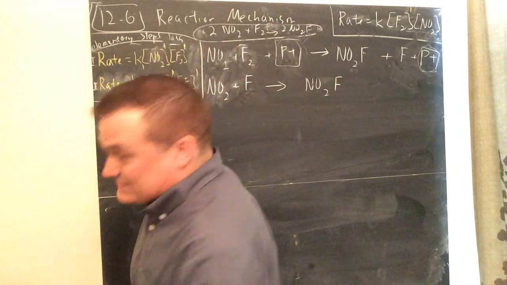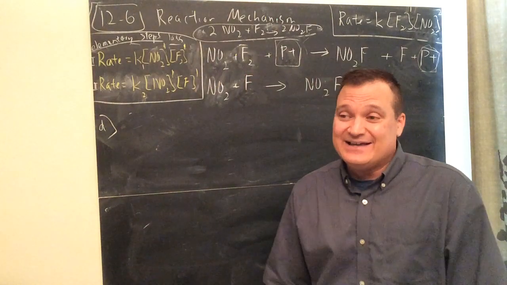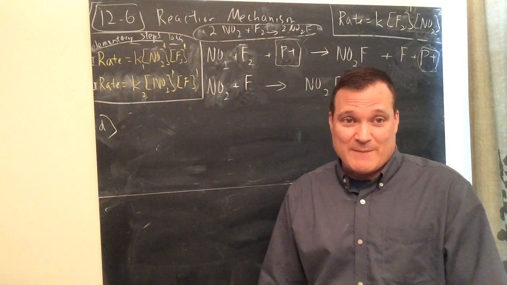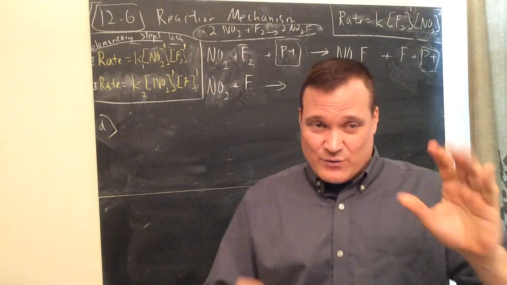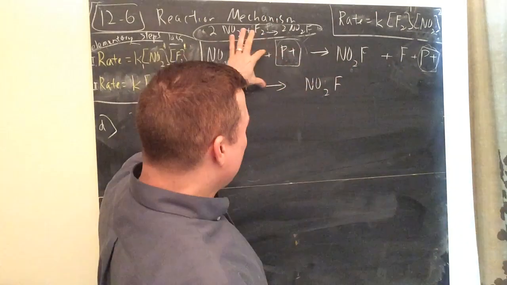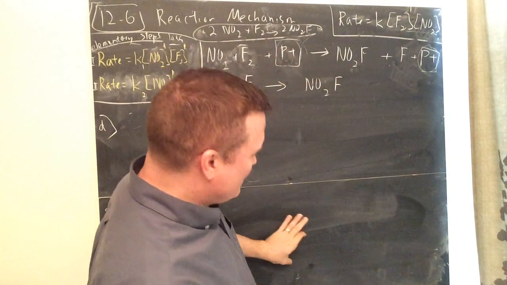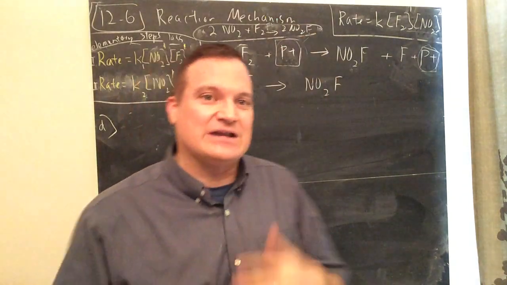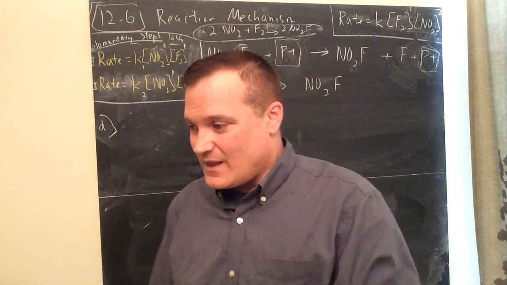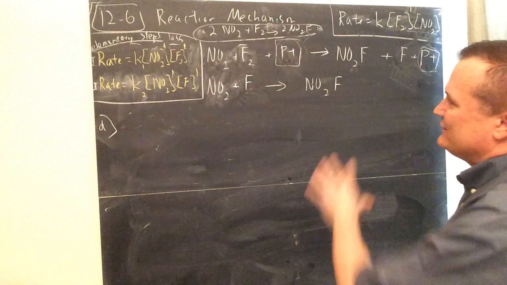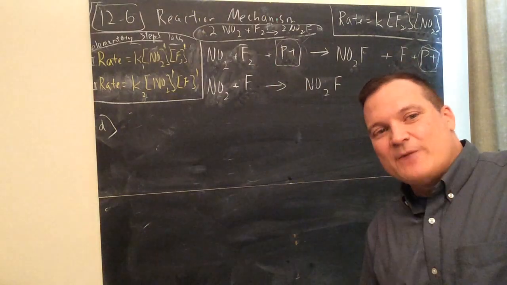Justify your answer. Now, sometimes there might not be any that agrees with the law, and it might be the wrong mechanism. So sometimes they give you step 1 and 2, or step 1, 2, 3, as 3 options, and you have to find the one that is correct. This one, we're saying, okay, it looks like this is going to be correct, but show me the slow step.